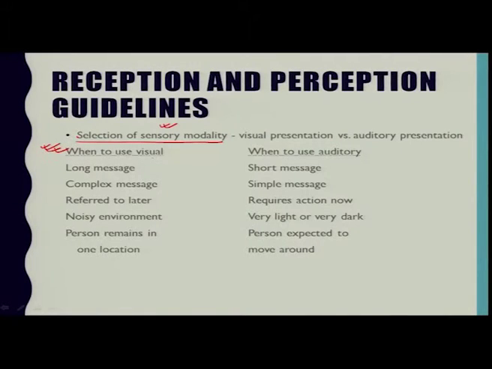As a general rule, it is better to present warning messages using both visual and audible stimuli. If only one stimulus can be used as a warning message, then the auditory mode is more effective in alerting people.